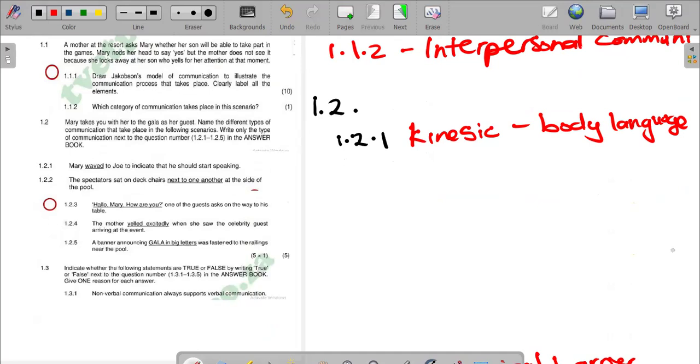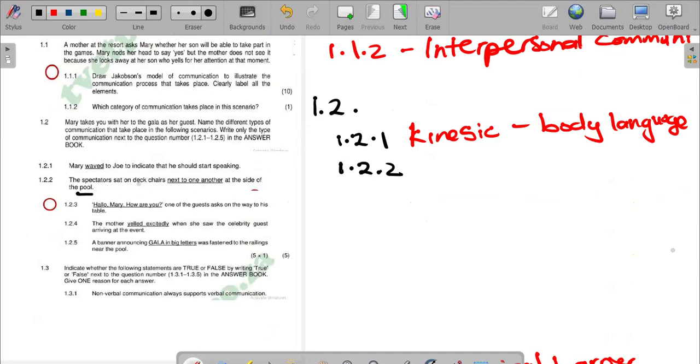Let's move on to question 1.2.2. The spectators sit on deck chairs next to one another at the side of the pool.